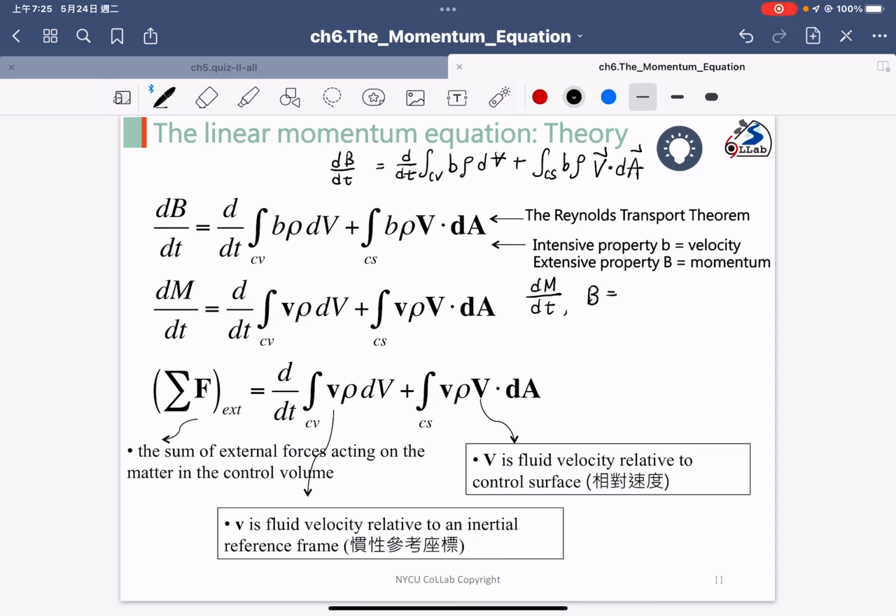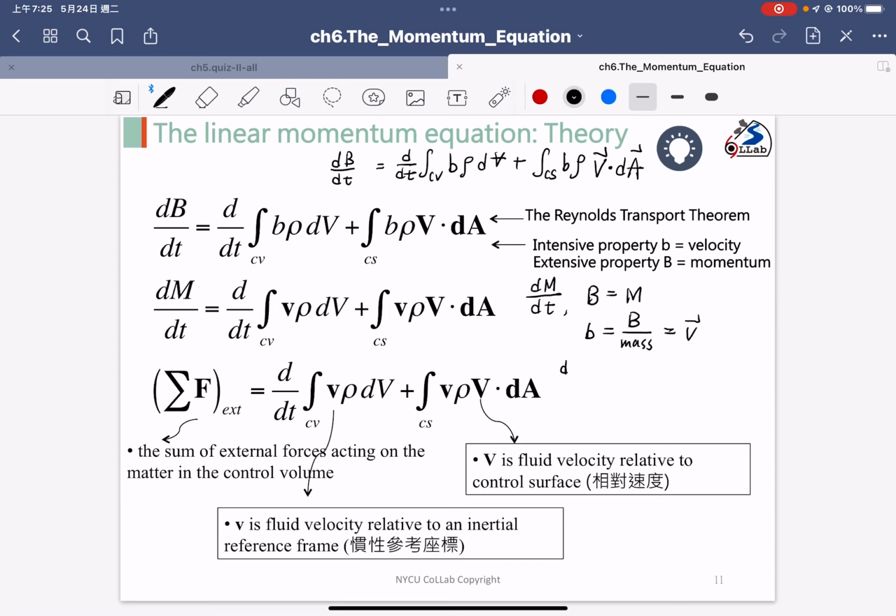Okay. Because we are discussing the momentum changes with time, here the extensive property capital B is the momentum. And we know that the intensive property is the extensive property divided by the mass, so the intensive property will be the velocity. So we can go back to the Reynolds transport equation.